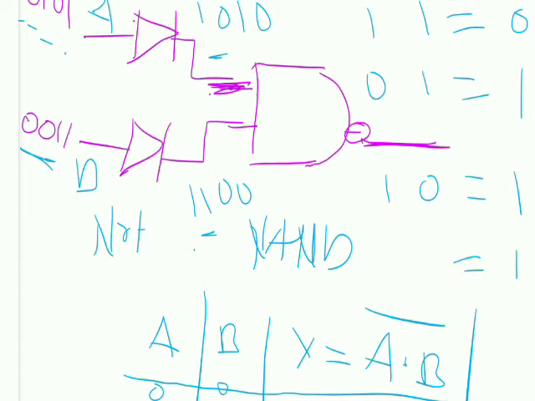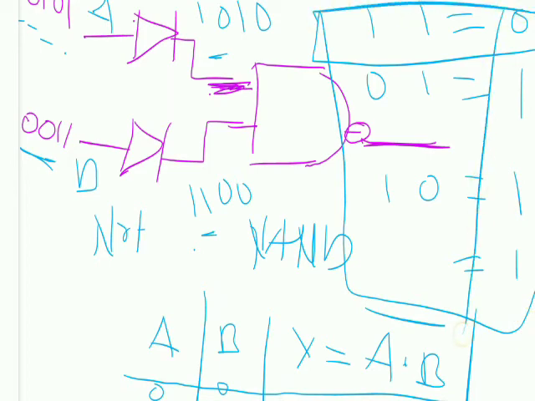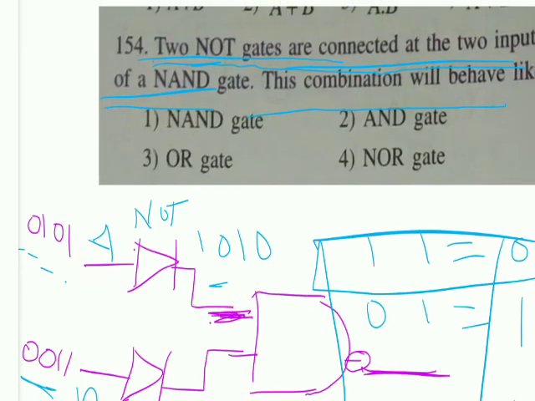Now this is the OR gate truth table. This is the OR gate truth table. So our answer is OR gate.